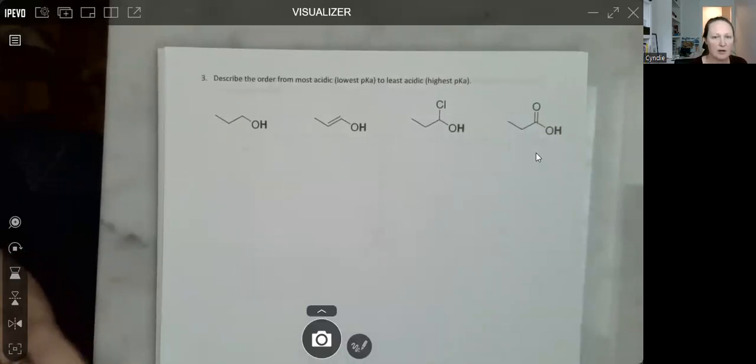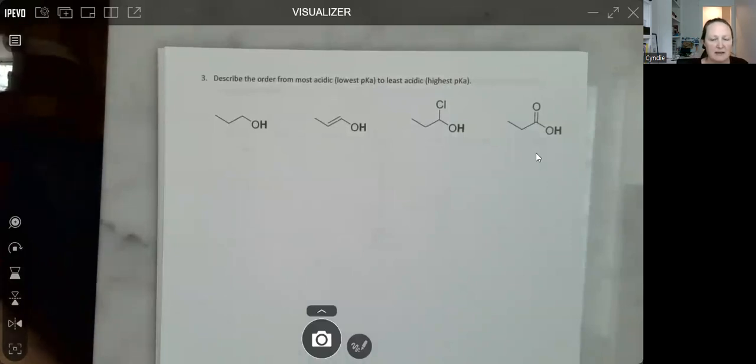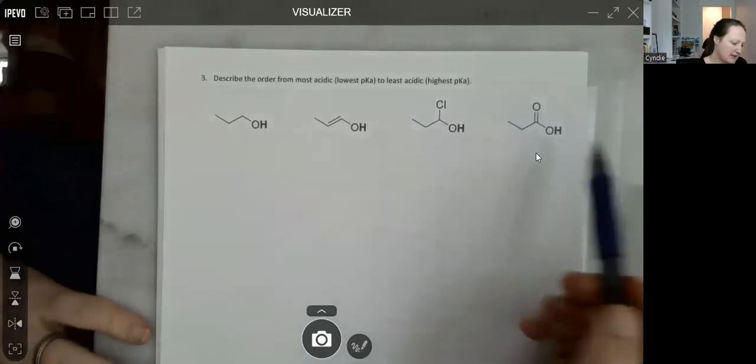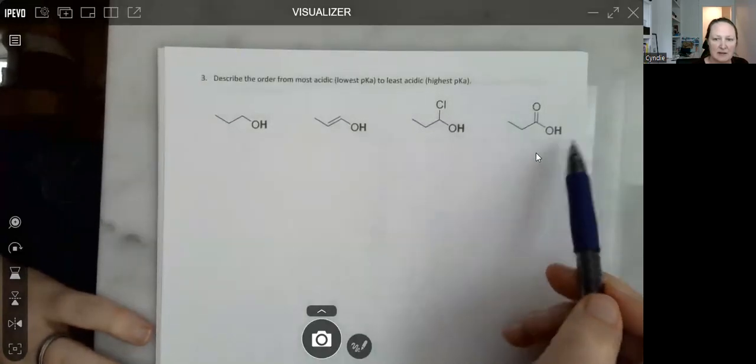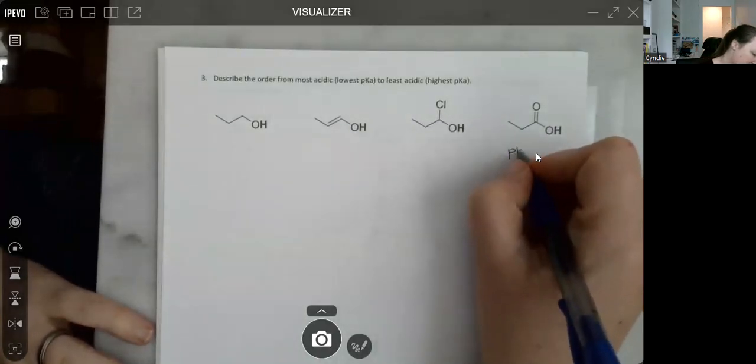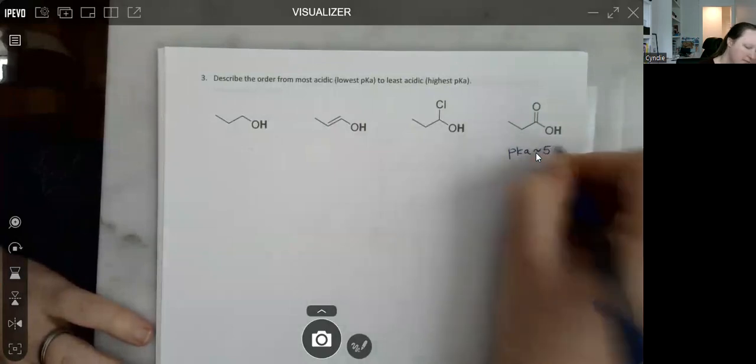Describe the order from most acidic or lowest pKa to the least acidic or the highest pKa. So that's where some useful information, like if you did know some pKa values, that would be helpful, but you could also figure it out using ARIO, right? So some pKa knowledge that might be helpful is that carboxylic acids generally have a pKa of about 4 to 5, right?